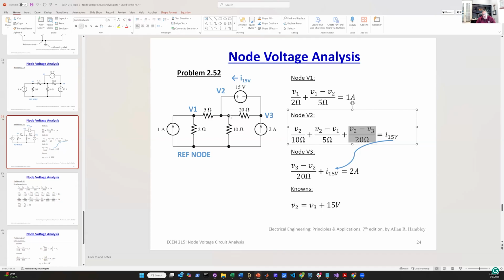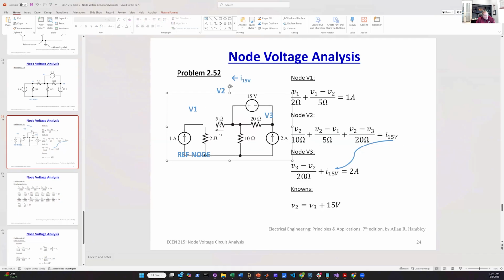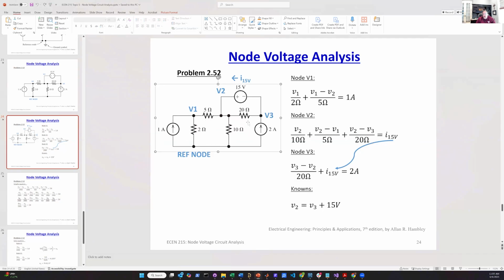We're looking specifically for this current, going from the positive terminal to the negative terminal, and we're doing that only as we're staring at this particular terminal. It's going to change when we get to another node.